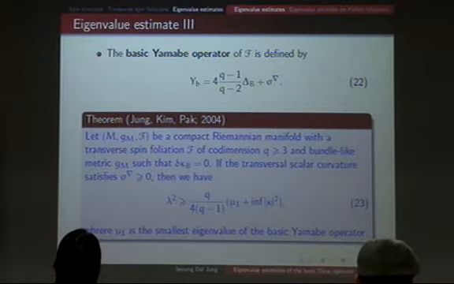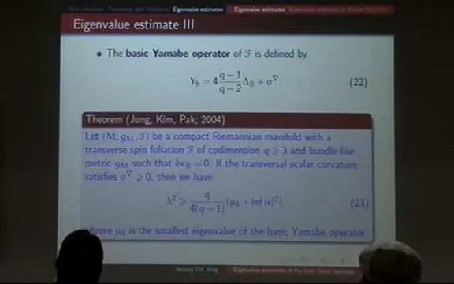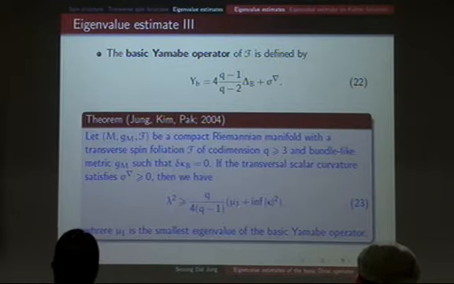From such a conformal change, we have another estimation like this one. So if the transversal scalar curvature is non-negative, then the first eigenvalue satisfies this inequality. Here, mu 1 is the first, smallest eigenvalue of this operator. We call this operator the basic Yamabe operator.